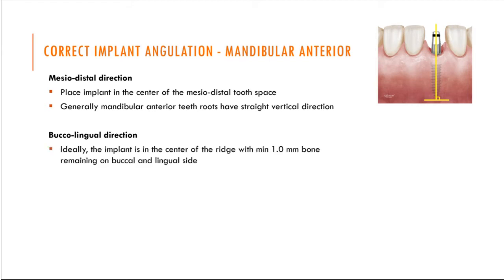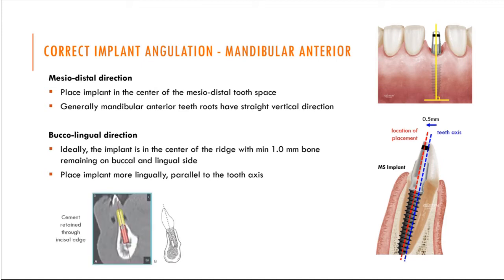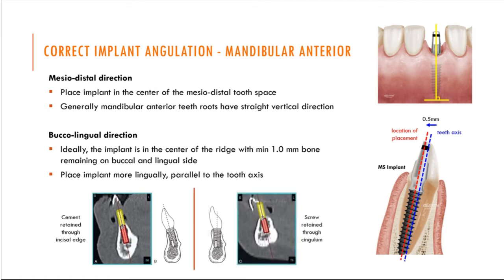Ideally, the implant is in the center of the ridge with a minimum of 1 mm of bone remaining on the buccal and lingual side. And we should place the implant more lingually, parallel to the tooth axis. This picture shows the angulations for the cement retained, which is through the incisal edge, and this one is for screw retained. The angulation for the screw is through the cingulum.